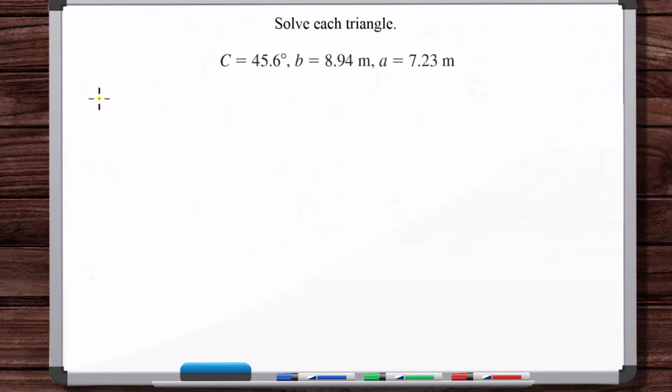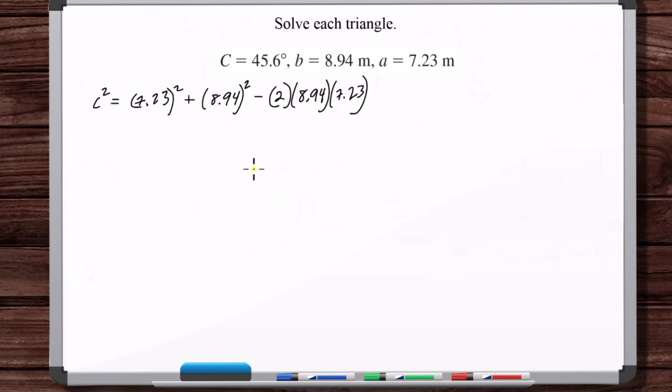So we've got C squared, the side length opposite that angle that we're using the equation for, squared, is equal to 7.23 squared plus 8.94 squared, and then minus 2 times 8.94 times 7.23, and then times cosine of that angle.